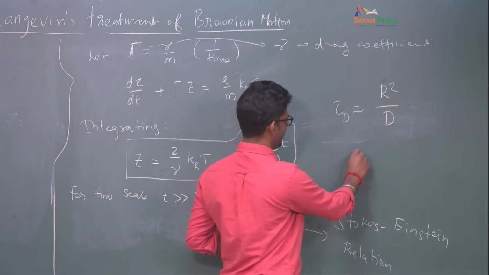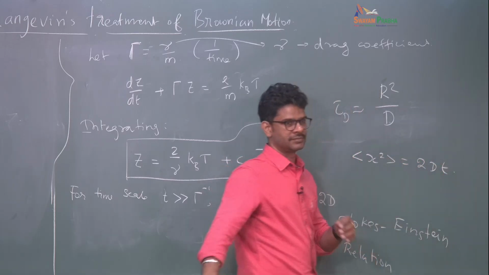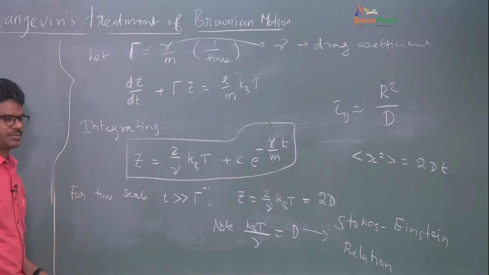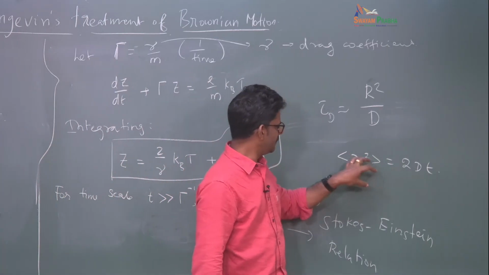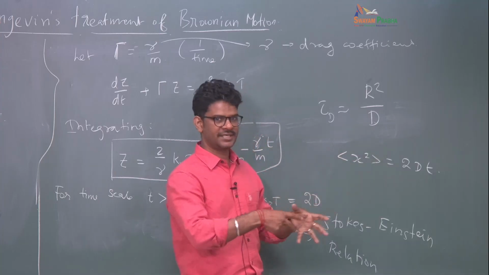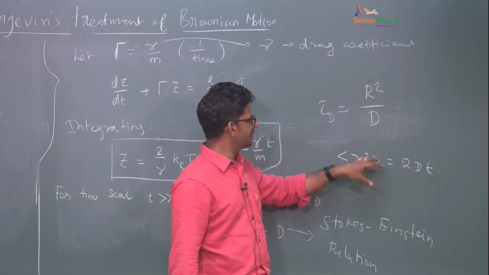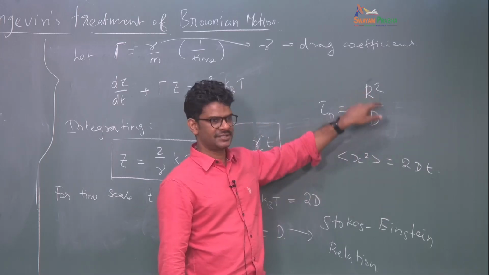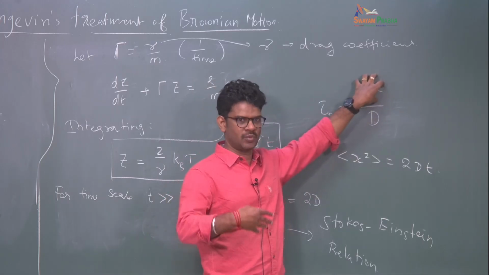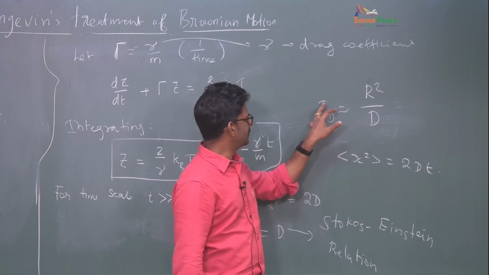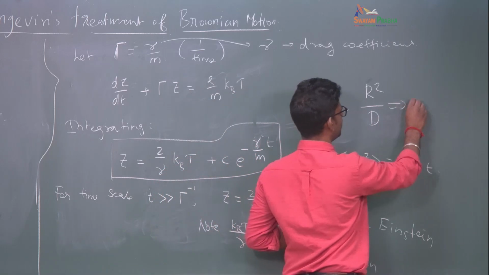I get this from the mean square displacement behavior of a random motion particle. Here I am interested in, for a given distance that it has to travel, what is the time required. The factor of 2 is not there, but you can see these are essentially the same thing. I am replacing the mean square displacement with the size that it wants to travel, and the time I am interested in is this tau. So this gives what is called the diffusion time.